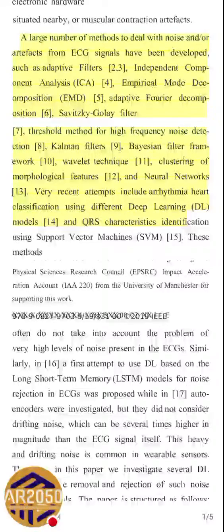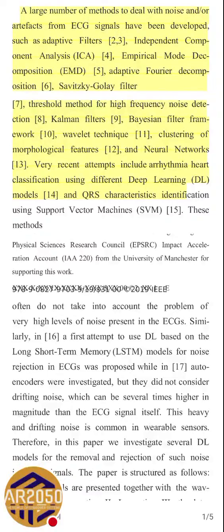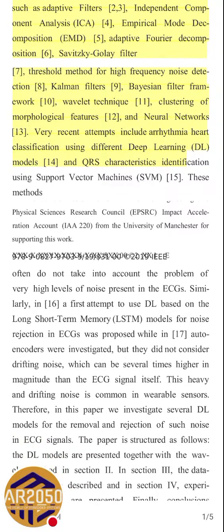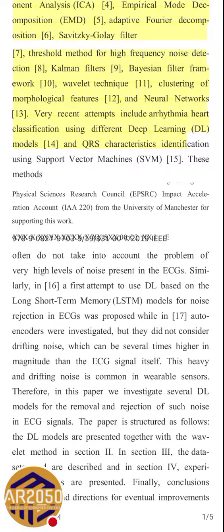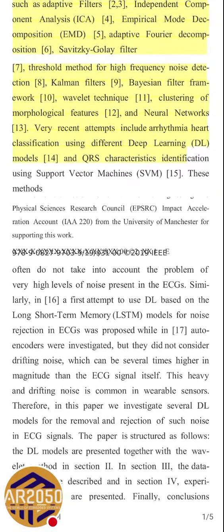We will summarize that: adaptive filters; the ICA, which is independent component analysis; empirical mode decomposition, which is EMD; adaptive Fourier decomposition; the Savitzky-Golay filter; the threshold method for high frequency noise detection; the Kalman filters; the Bayesian filters; wavelet techniques; clustering morphological features; neural networks; and a support vector machine for QRS characteristic identification. I would also like to look into that paper because it seems really interesting to me that they applied SVM to identify the QRS characteristics of ECG. So I would definitely like to check it out.